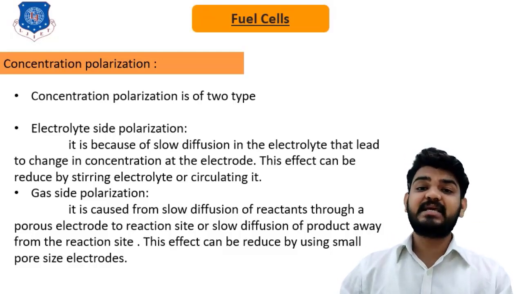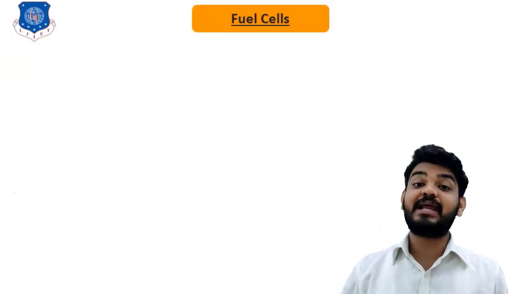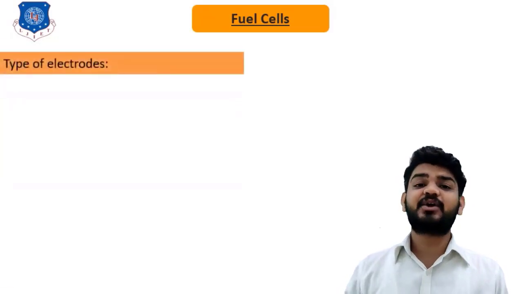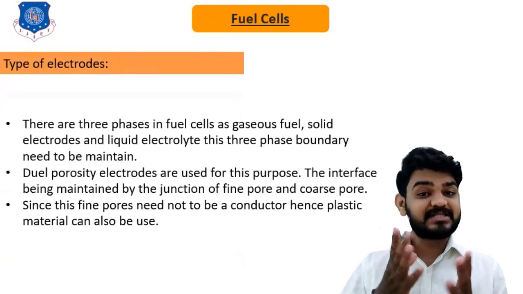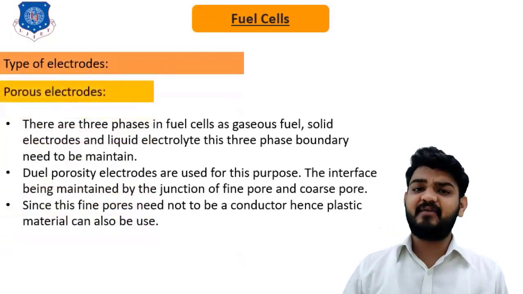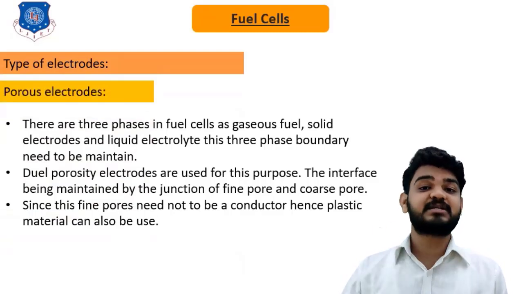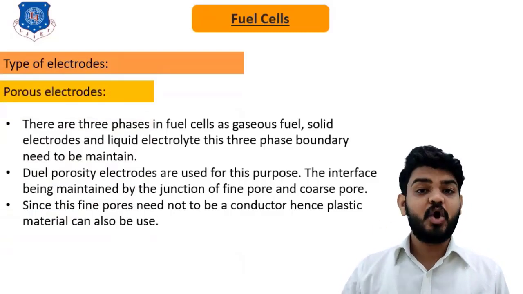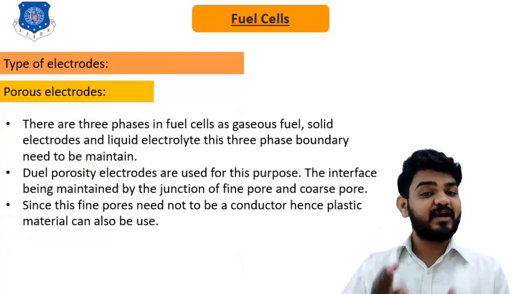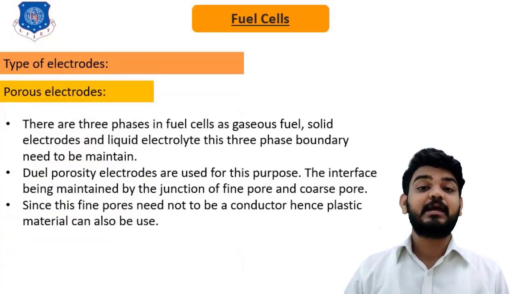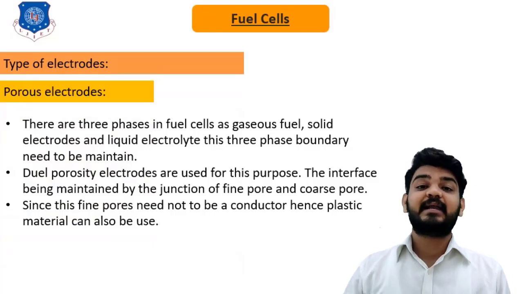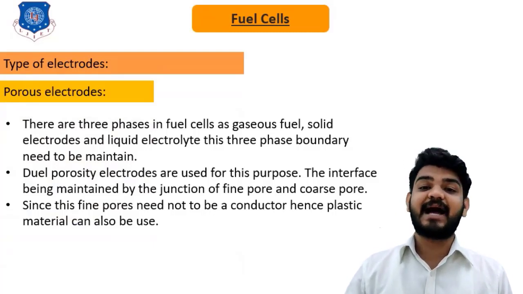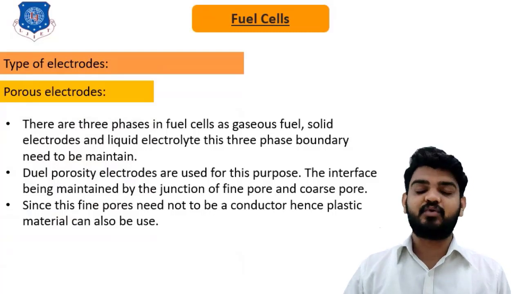Now, let's see different types of electrodes. Well, there are two different types of electrodes. One is the porous type of electrode and another one is the non-porous type of electrode. So, in porous type of electrodes, there are three different phases that need to be maintained: the gaseous fuel, the liquid electrolyte and lastly the solid electrode.